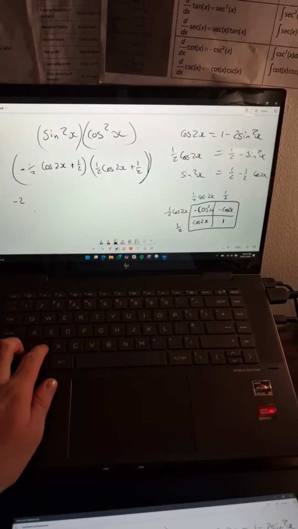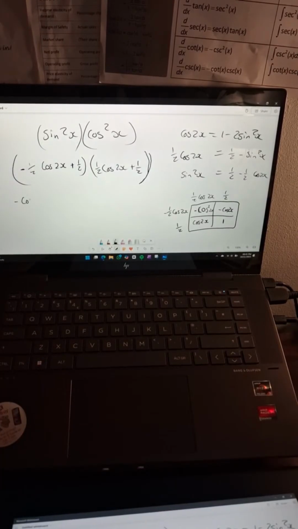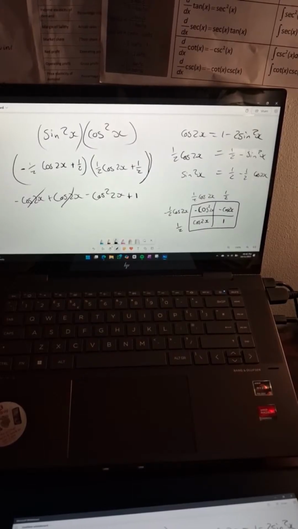Get minus cos 2x plus cos 2x minus cos squared 2x plus 1. These two cancel out, and we're left with minus cos squared 2x. Let's keep that in brackets, plus 1.